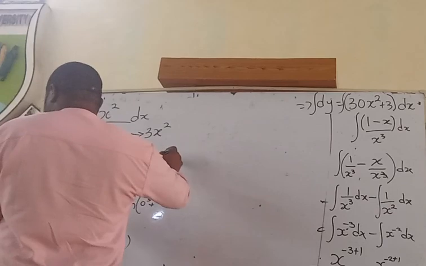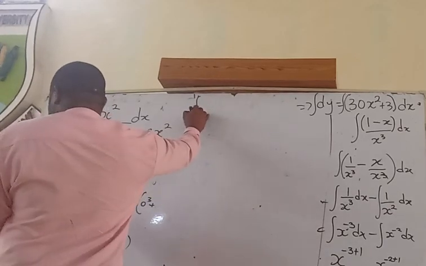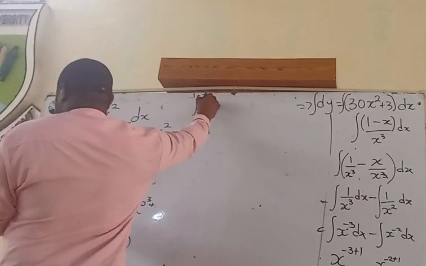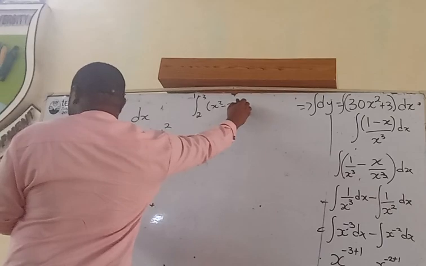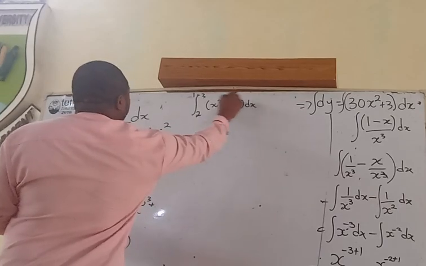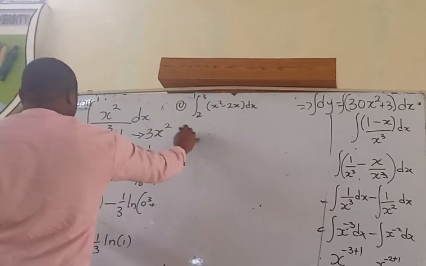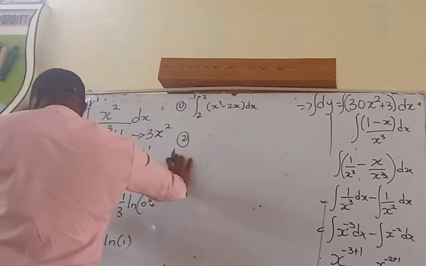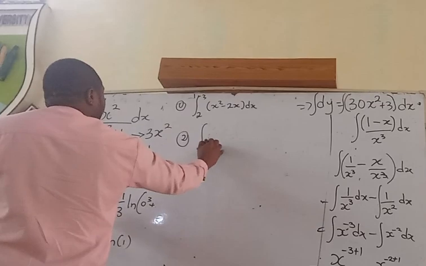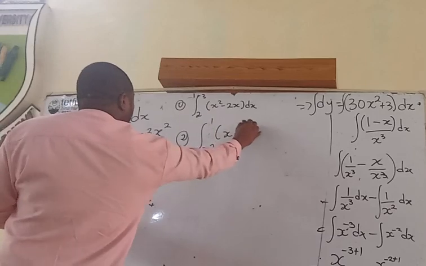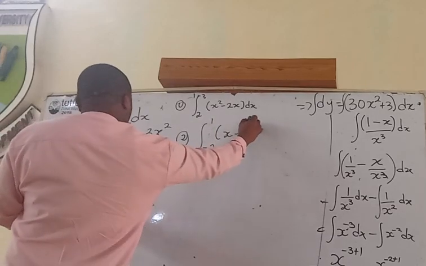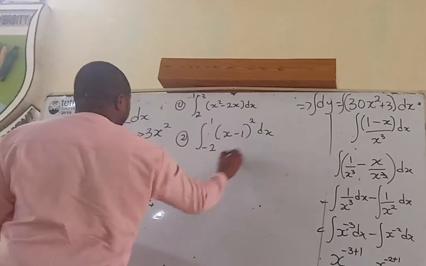We have integral from 2 to 3 of x squared minus 2x dx. Number 1. Number 2, we have integral from minus 2 to 1 of x minus 1 all squared dx.